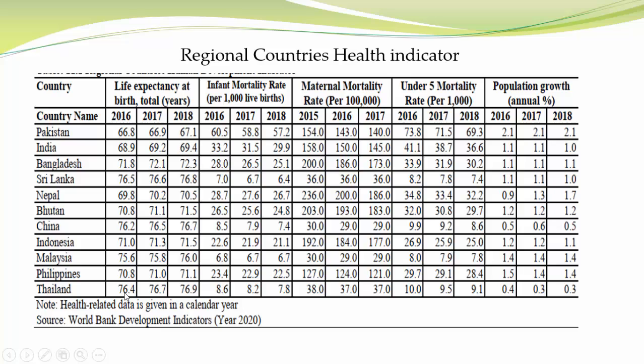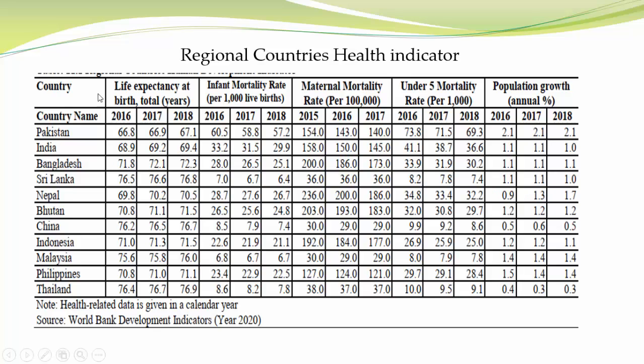Here Thailand has higher life expectancy than China, which is followed by the 75 of Malaysia. We see Pakistan at 66, which in this list is a very small figure in the region.